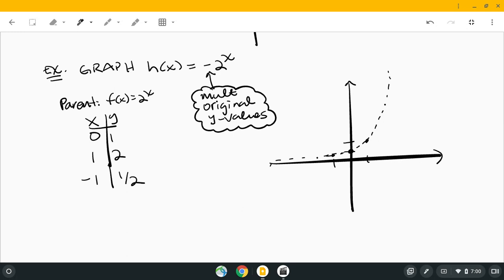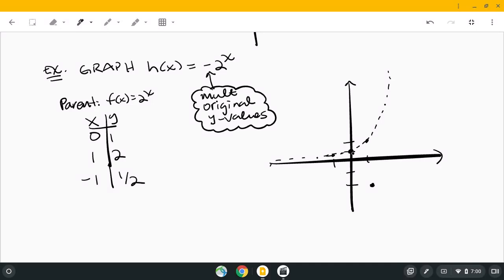Okay, multiply all the original y values. So this one, y value becomes -2. Let me do that over. This y value here is 2. So if I multiply by -1, it flips.